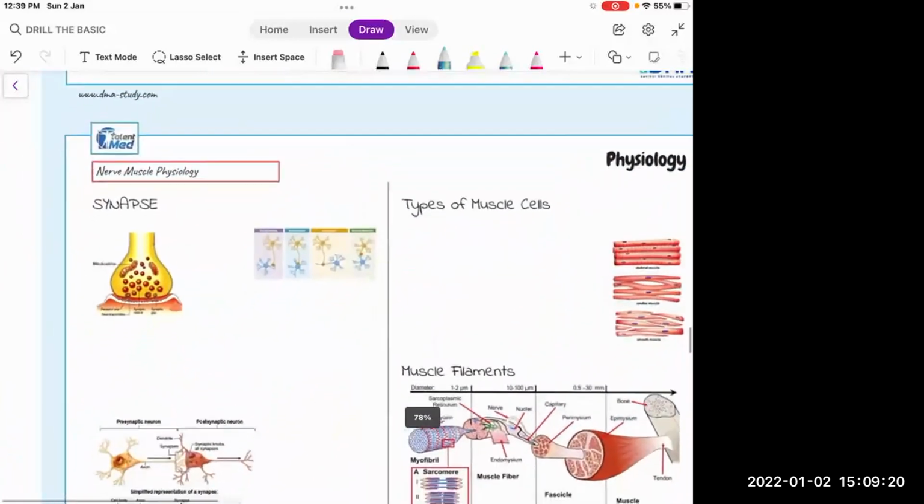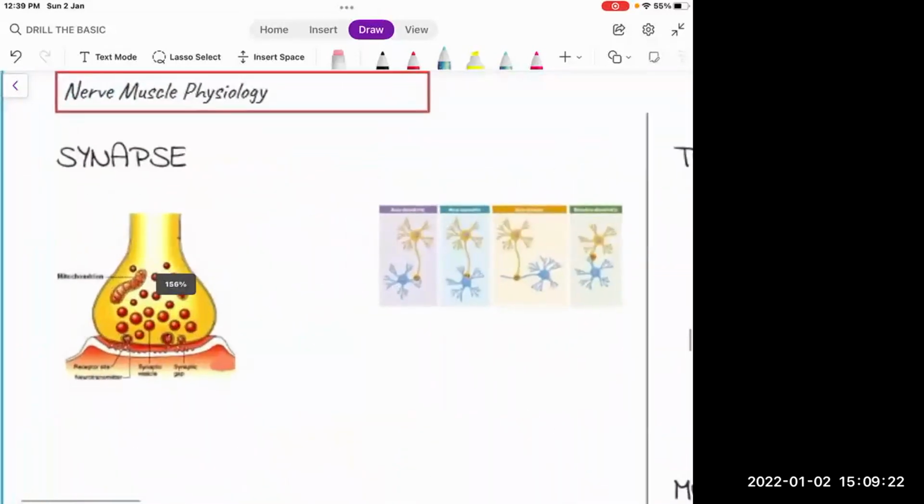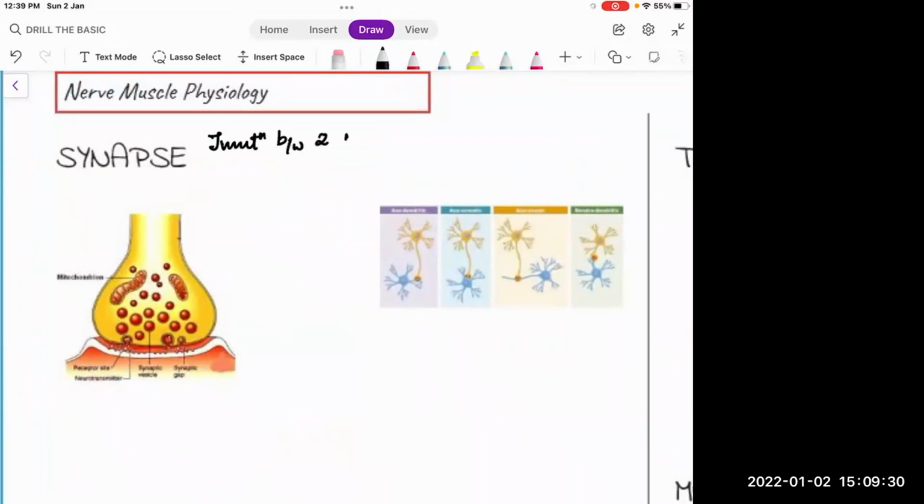Moving on to the synapse. What is meant by synapse? It is the junction between two neurons. In the structure of a synapse, this is the axon terminal of one neuron, and this is the receiving neuron.